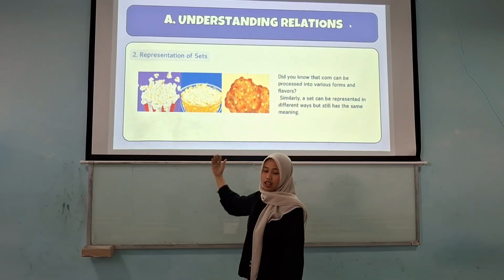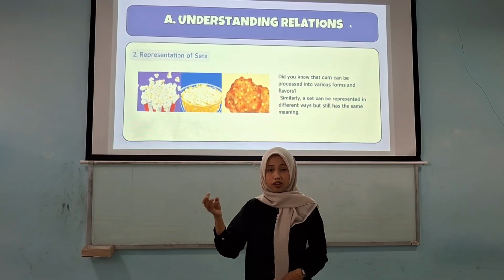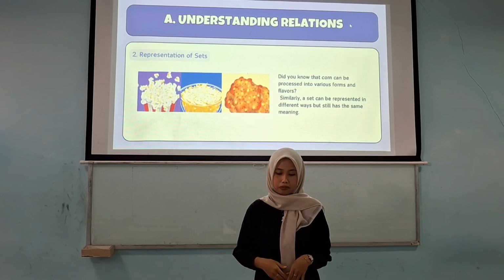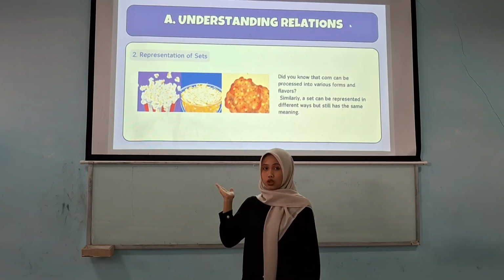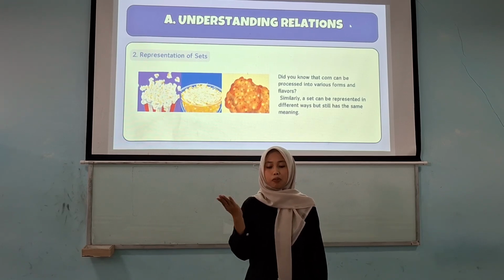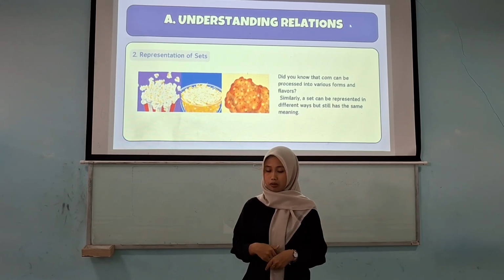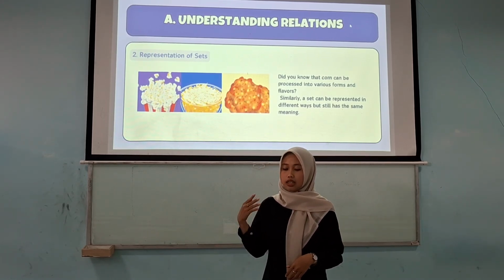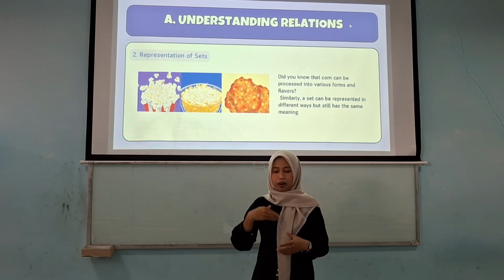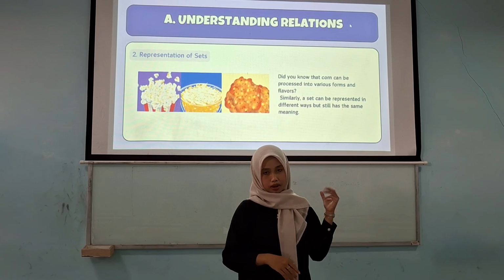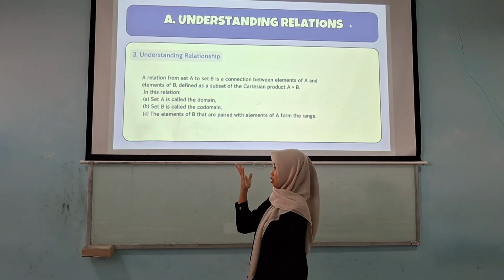Let's illustrate. Corn can be processed into various foods made from flour. Similarly, a set can be represented in different ways but still have the same meaning. Do you understand relations?